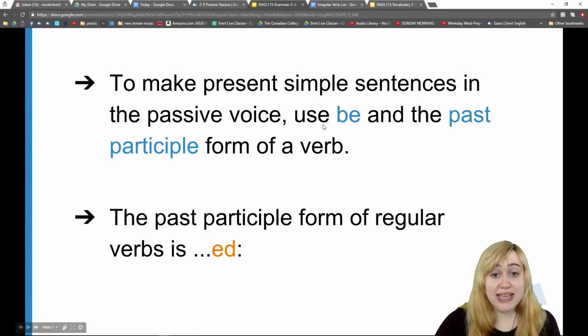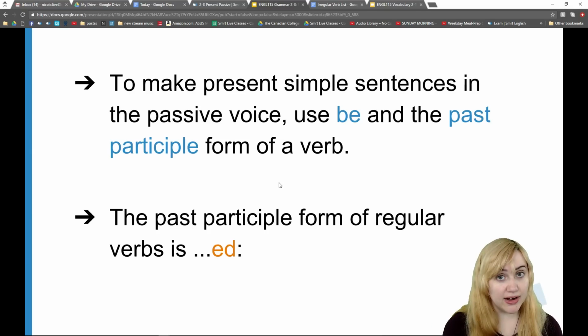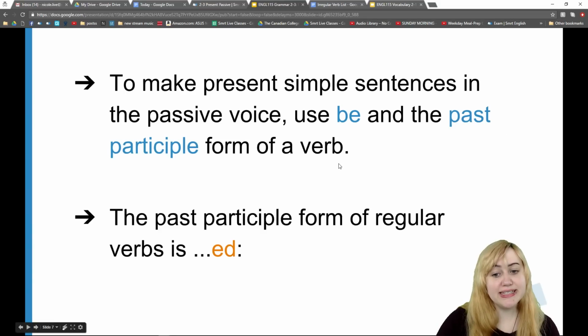Okay. It says to make present simple sentences in the passive voice, use be and the past participle form of a verb. So that just means use am, is, are, because those are the present be verbs. And again, past participle is just verb 3. The past participle form of regular verbs is ed.